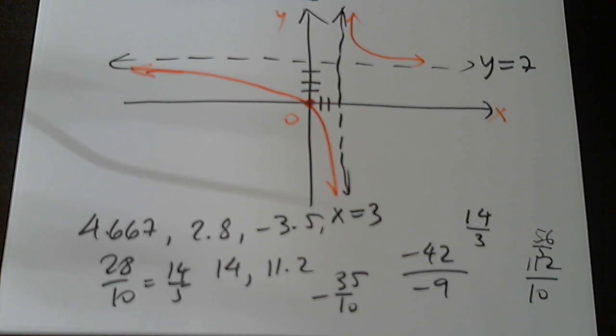So it's D because it crosses the graph at the origin, and it's going from 7 down to negative infinity, and then from positive infinity to 7. So that's D. It's the only one. Is it clear? Yes, thank you.